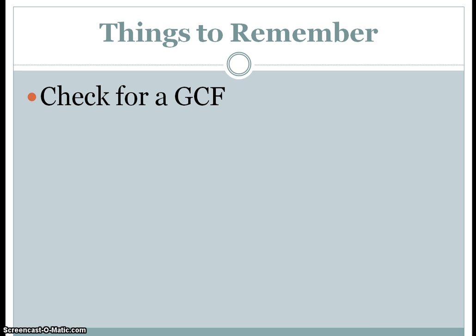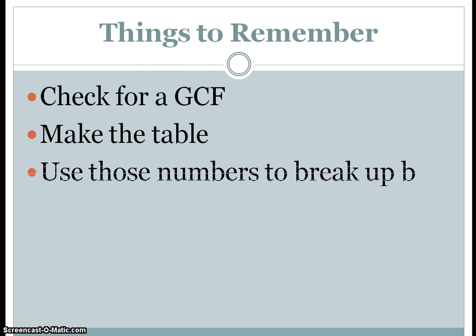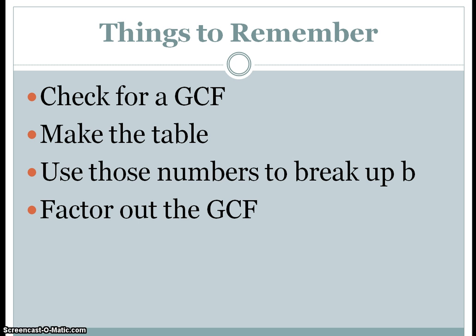A couple of things that you want to make sure you remember: always check for greatest common factor first. We like to work with smaller numbers, so pulling out a greatest common factor makes things a whole lot easier. Sometimes it will have them, sometimes it won't. Make sure you're making that table correctly, where you have a times c on the left and b on the right, and you're using those numbers to break up the b. The order isn't going to matter in which you put them in there.